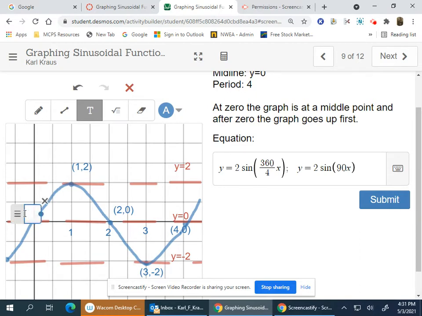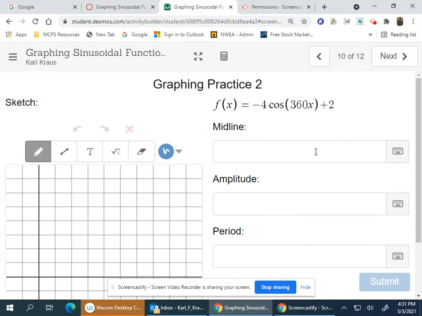This is 0, 0. Then the midline is y equal 2, right here. Amplitude is 4. The period is 1.